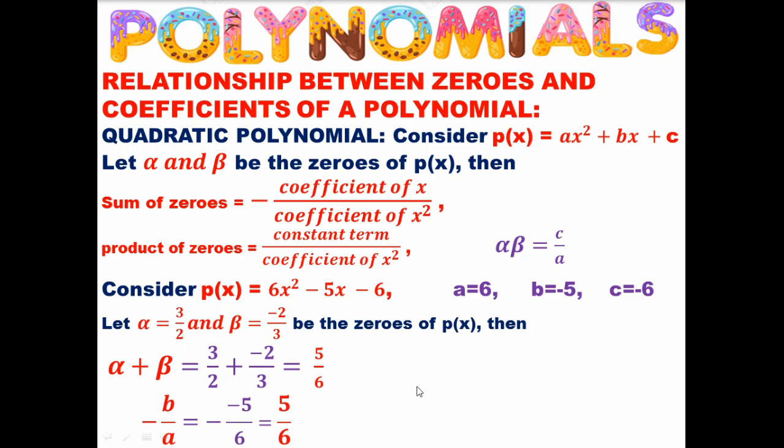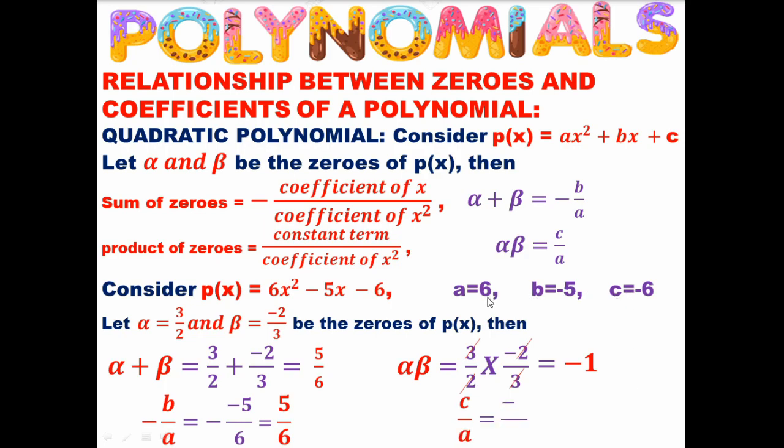Okay. Now we'll see what is alpha into beta. Alpha into beta, multiply the two roots 3 by 2 and minus 2 by 3. So when multiplying, we can cancel 3 and also cancel 2, so that you get alpha into beta equal minus 1. Now let me see what is c by a. C by a is equal to, c is minus 6 and a is 6.